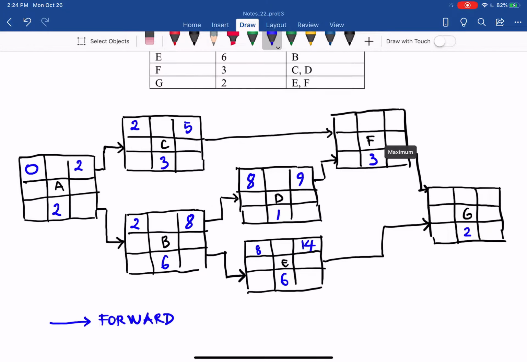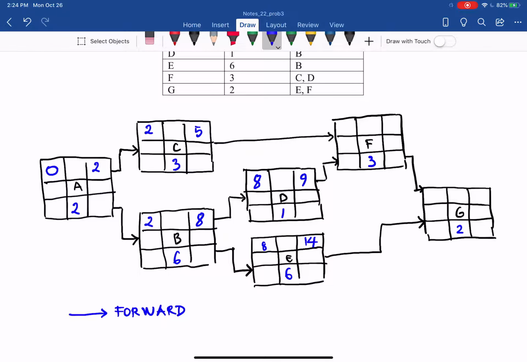Now for F, we have two arrows coming in because there are two predecessors, so we need to get the maximum. That is 5 and 9, so the maximum is 9. 9 plus 3 equals 12. Then go to G. You have two paths because G follows both F and E, so you need the maximum.